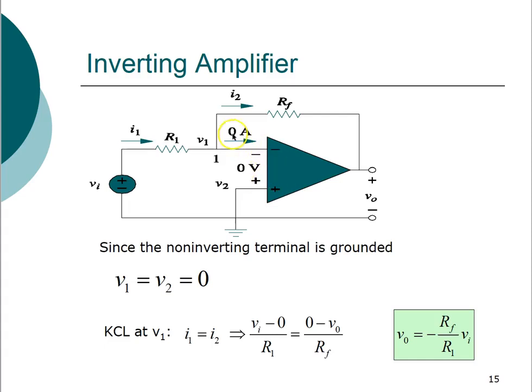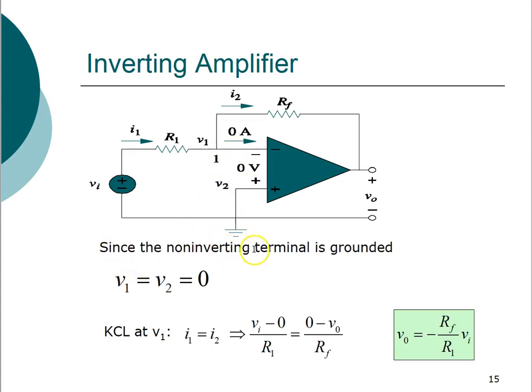So if it is infinite, that means we have zero current going in here. And with the second property which we saw, the infinite open-loop gain, we say that these input terminals are at the same potential. So if this is grounded, at 0 volts, then this is also going to be at 0 volts.